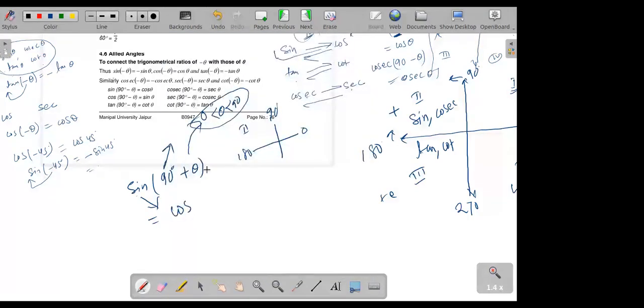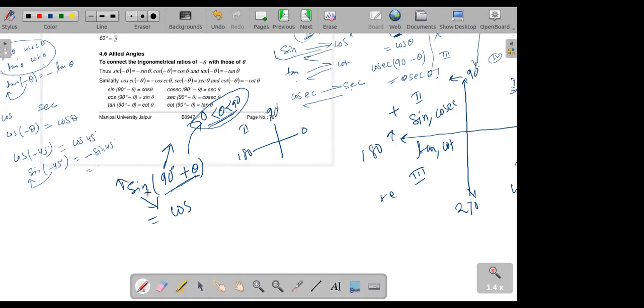Okay. So if this theta is an acute angle, then this quadrant will be the second quadrant. In the second quadrant, what do we know? Sine remains positive or negative? Positive.